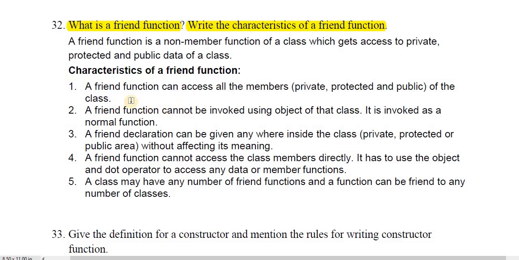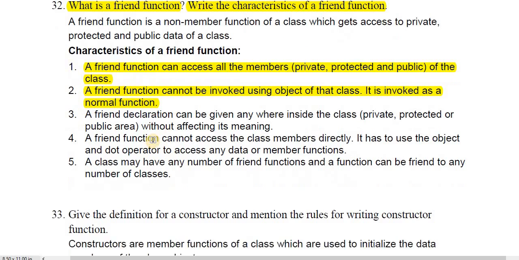You can write any four characteristics, like: a friend function can access all the members of the class; a friend function can be declared in the public section or private section; a friend function should be declared inside the class body, but it is defined outside the class body; and a friend function can be called like a normal function. So you can write any 4 points.